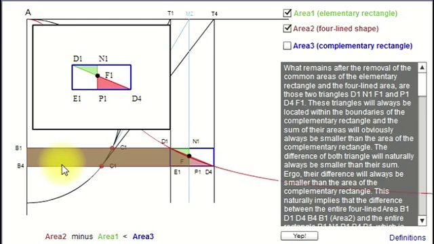So you have an infinitesimally slim rectangle which you treat as a line.